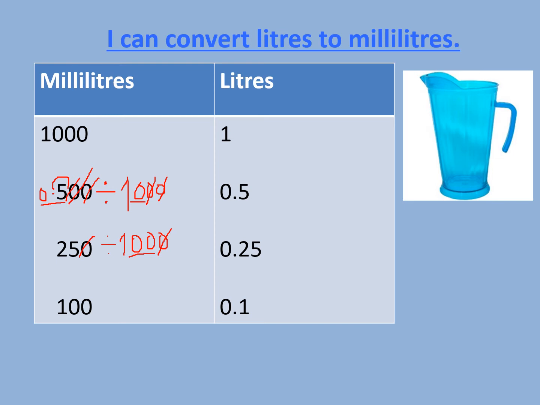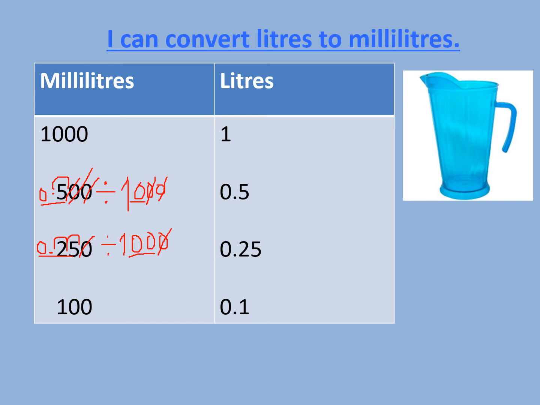We have 2 zeros left, so we are going to move our decimal point from 5 2 times to the left. We are going to go 1 and 2. We put a point and we add a 0. What is that going to give us? 0.25, and that is our answer in liters. So 250 divided by 1000 equals 0.25 liters.